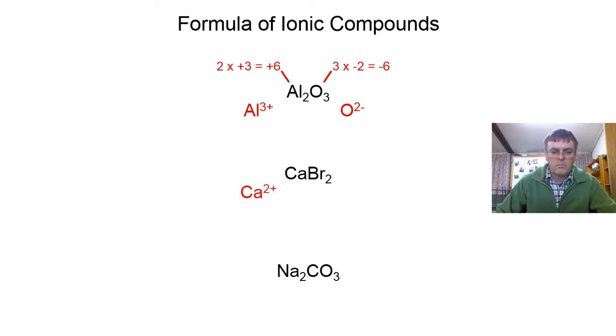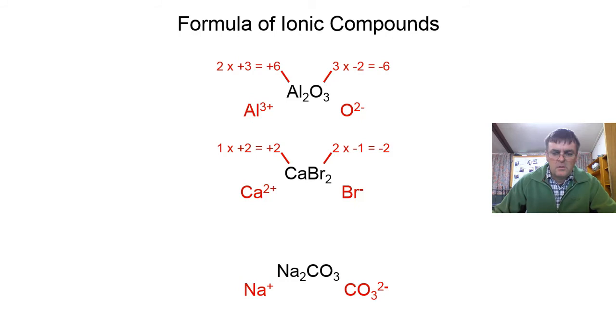Look at the next one. That's a calcium, a 2 plus. Br's a single minus. That's why we've got 2 of them there. 1 of the 2 positives and 2 of the single negatives balance each other out. The next one, sodium is a single plus, and that whole thing there is the ion.